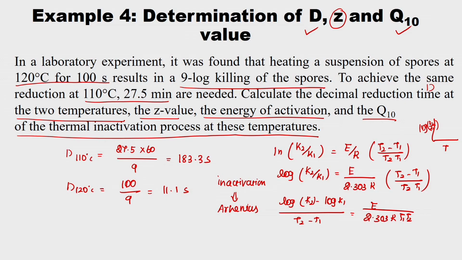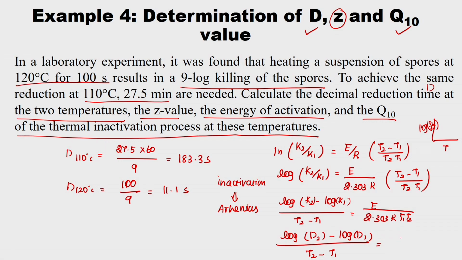And I also discussed in the last class itself, there is no compulsion that it should follow first order kinetics, that means a linear log relationship. It may not, but we say that most of the processes follow that, right. So if I have to do that, then I can do log D2 minus log D1 upon T2 minus T1, because we already told this rate is nothing but my D value in the microbial inactivation process.